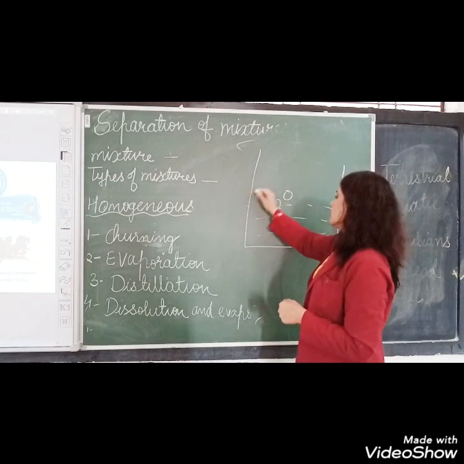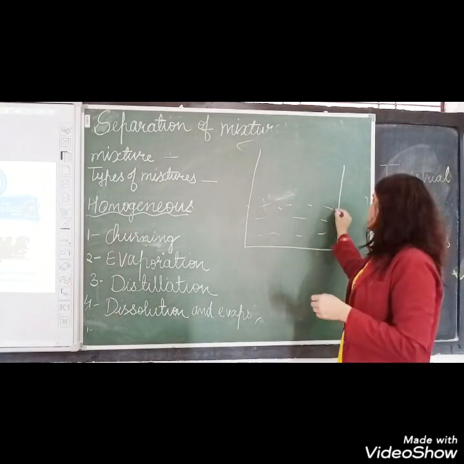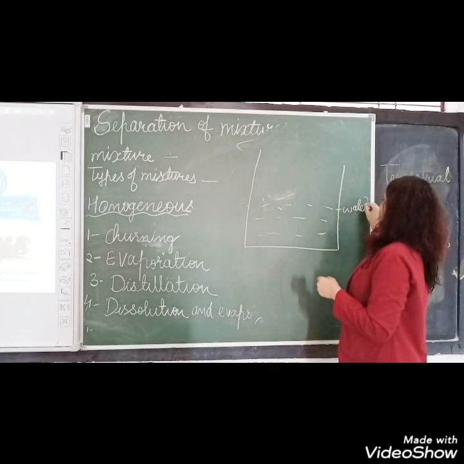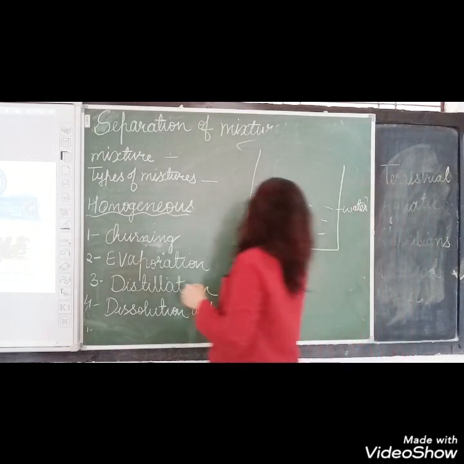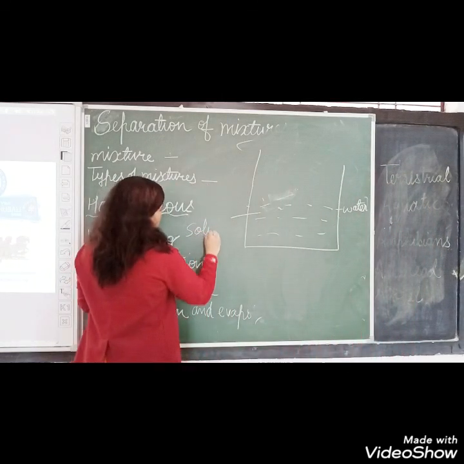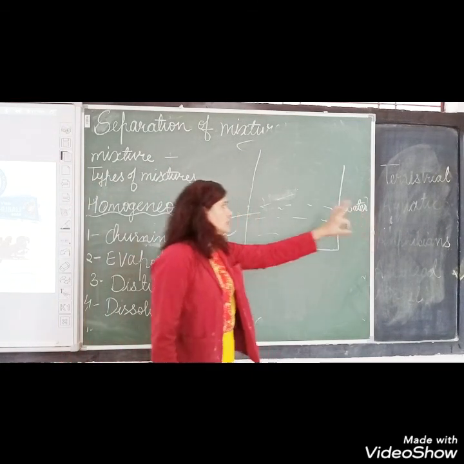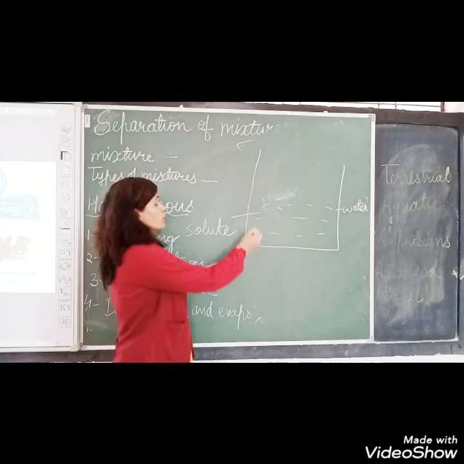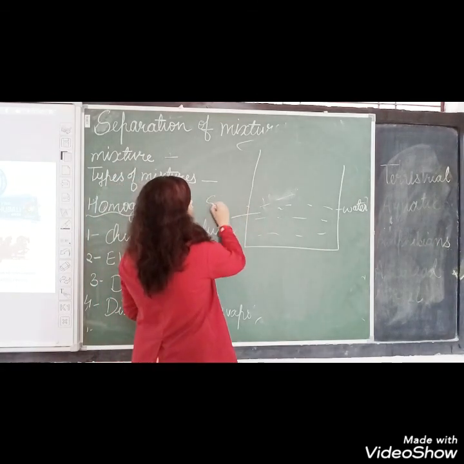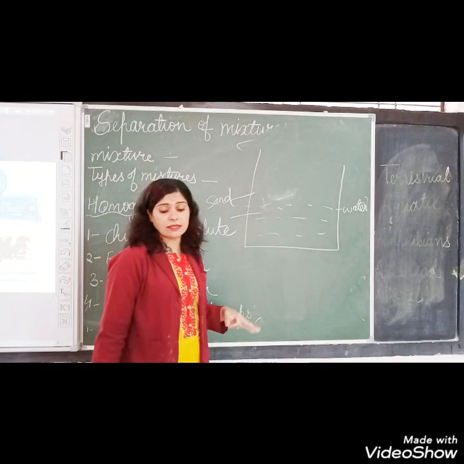Water is there in the form of solvent. Then sugar is there as a solute. Water is there as a solvent, sugar is there as a solute, and there is one more solute that is known as sand.